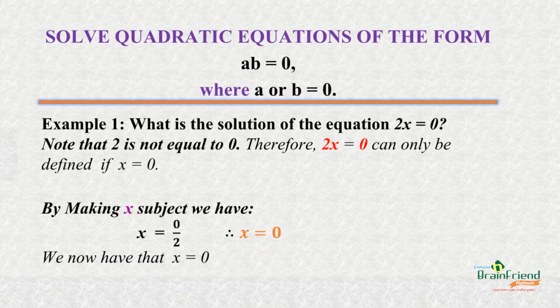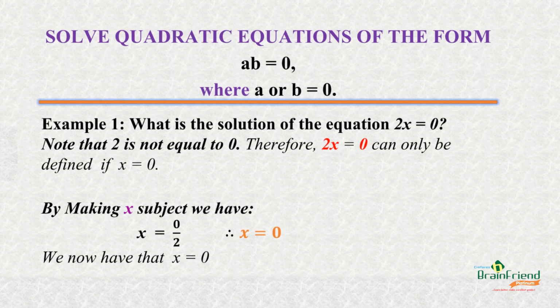Remember, in our lesson objectives, we said we'll be solving quadratic equations of the form a times b is equal to 0, where a or b is equal to 0. Example 1. What is the solution of the equation 2x equal to 0? Note that in this equation, 2 is not equal to 0.